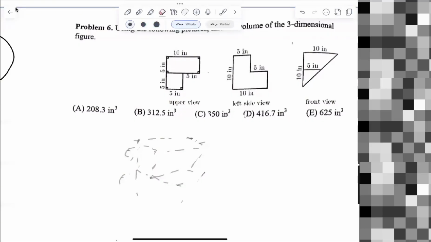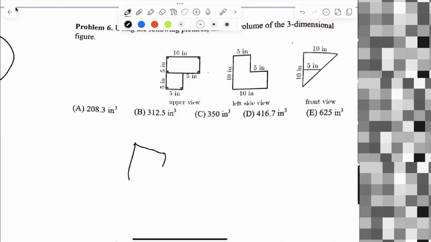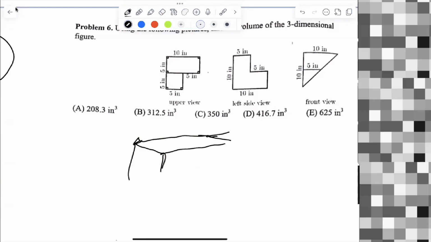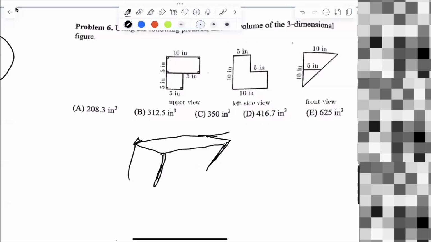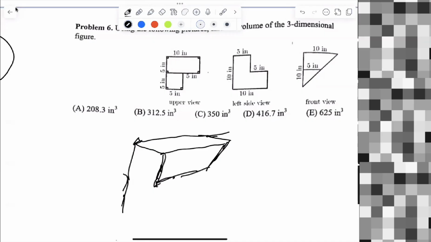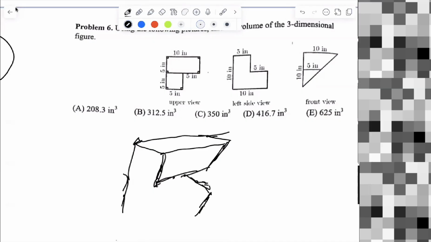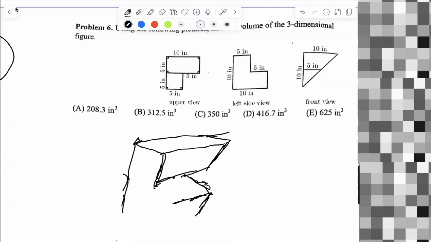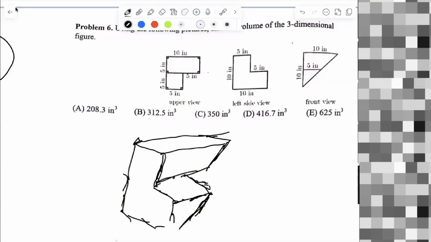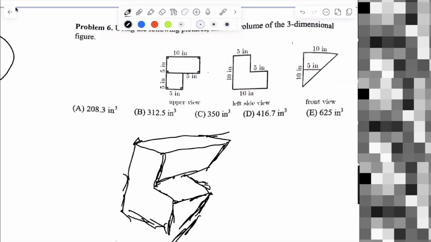Let me draw this diagram much better because I'm not really a good drawer. This is like this. This is the diagram.